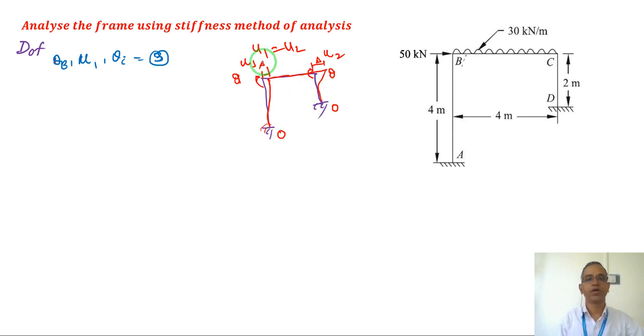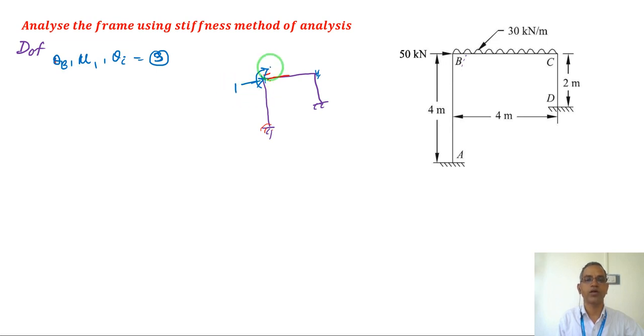Once you identify these, write down the displacements or degrees of freedom on the structure. This is theta b, the first degree of freedom, and u displacement in the lateral direction is another.